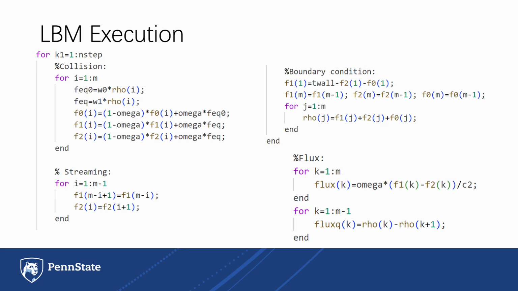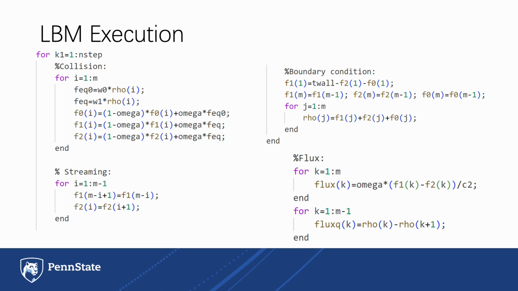We follow the steps of collision, which, as we saw in the formula, is 1 minus omega multiplied by the value of the node, plus omega multiplied by the value of the equilibrium distribution function. Then the streaming of the information, which is just spreading to the other F1 nodes and the other F2 nodes in the other lattices, and applying the boundary conditions.